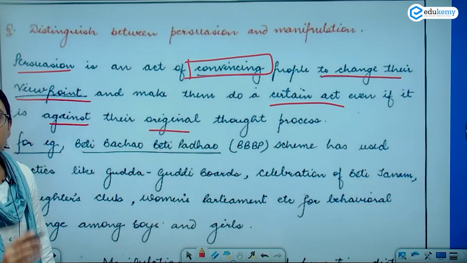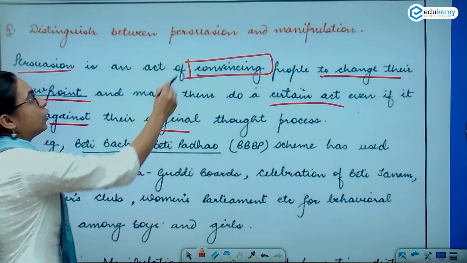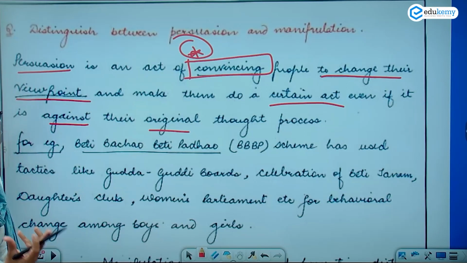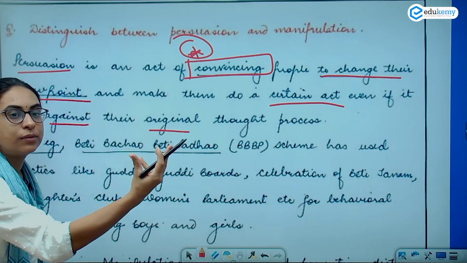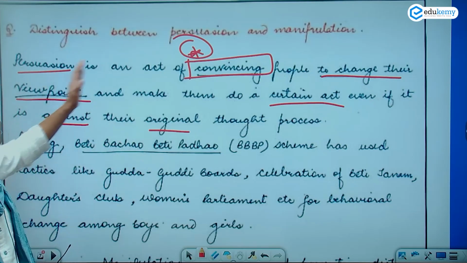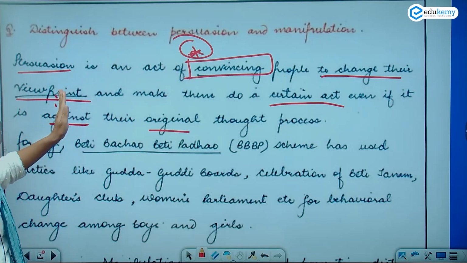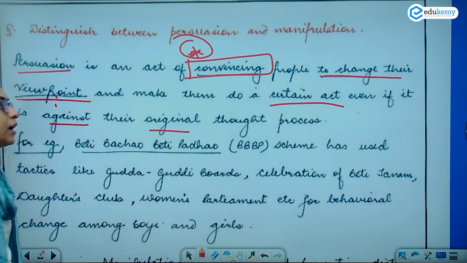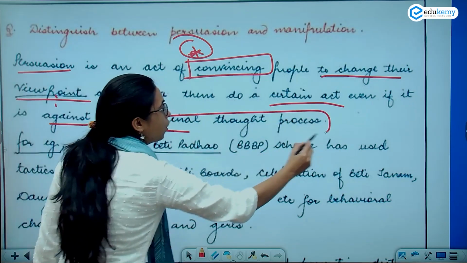Till now you believed in something else, I persuaded, and now you are believing in something else. So, convincing people to change their viewpoint and to do a certain act, even if it was against their original thought process.